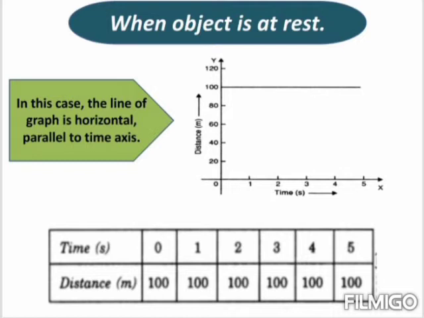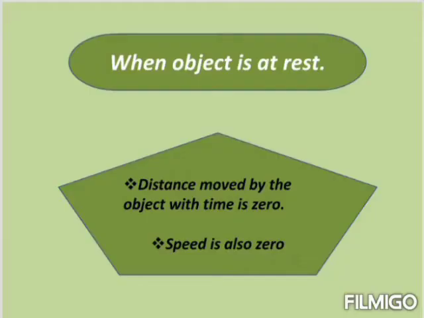If we take the values of distance divided by time, the speed will be 0. When the object is at rest, the distance moved by the object with time is 0. So if we find the speed from the given values on the graph, because speed is equal to distance divided by time, the speed is also 0.